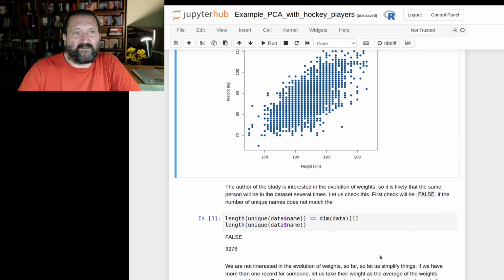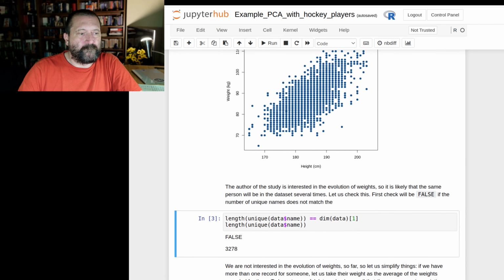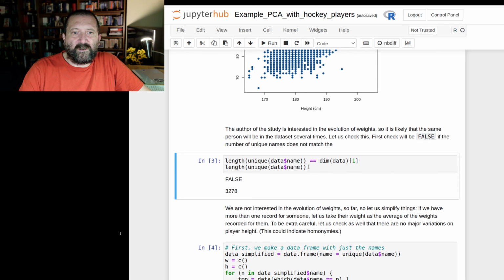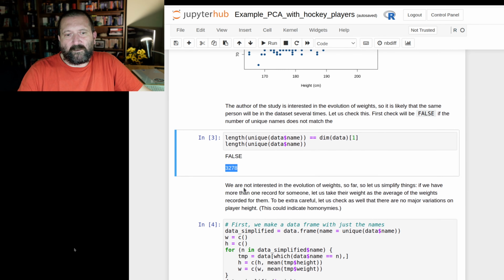And so I'll just point out that what is happening is that you have a certain number only of individual names. Remember there's 6,000 something records, but that corresponds to 3,300 essentially individual people, and that's what we're going to look at.